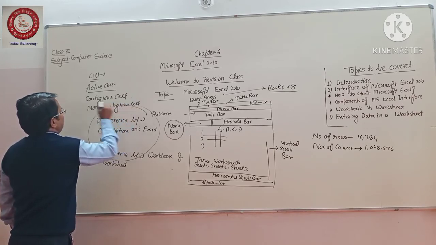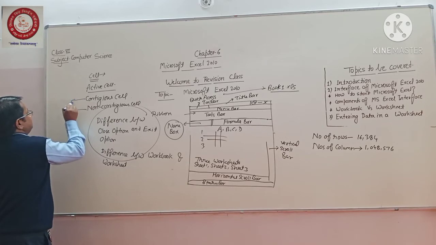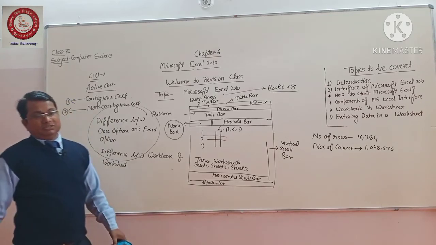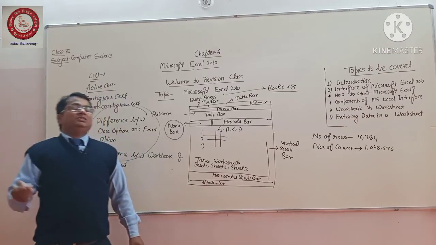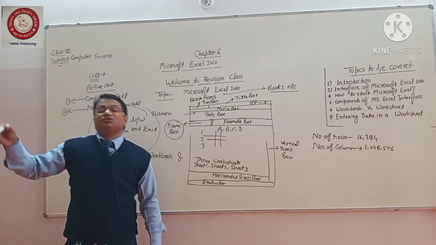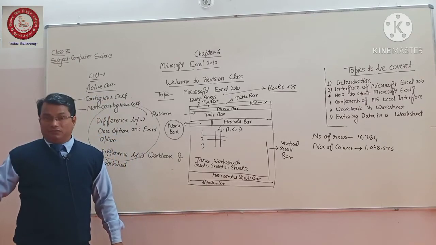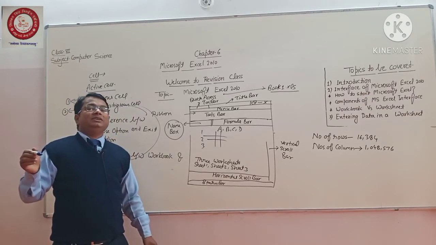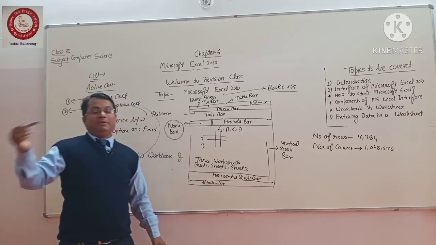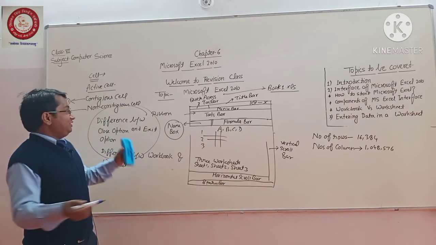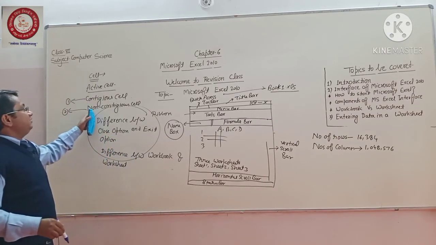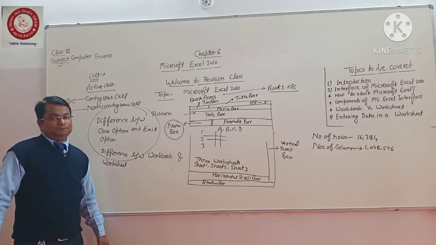Contiguous means the cells are coming in a continuous form, like A1, A2, A3, or A1, B1, C1. But if it is not in continuous form, then you can say this is a non-contiguous cell.